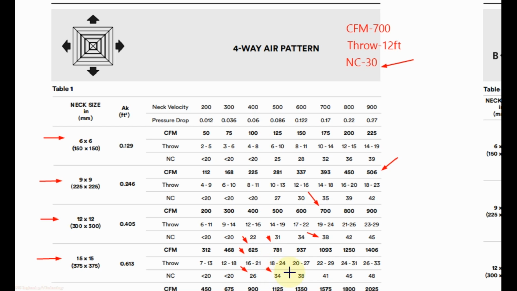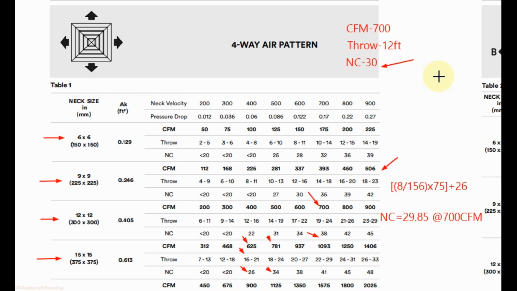So let us check the NC level for 700 CFM by interpolation. After calculation we found that the NC level for 700 CFM is 29.85, which is less than 30. So we can select this square ceiling diffuser of size 15 by 15 inch.